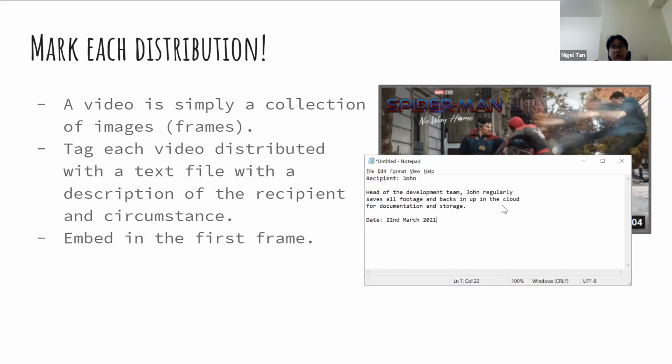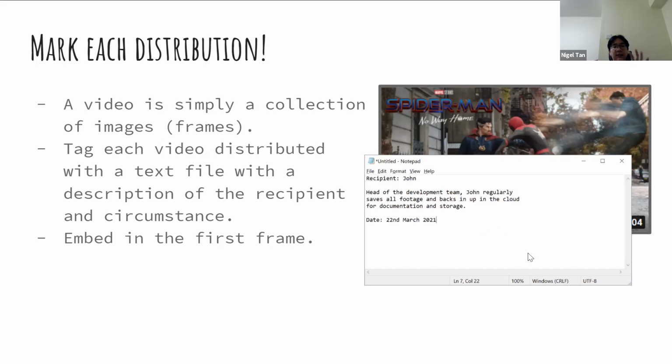And the last one, for John, head of development team, need to send it to him so that he can pack it up in the cloud, sent to him on 22nd March 2021. So we watermark each of these copies that we distribute internally. And how does this solve the original problem of video leaks online?